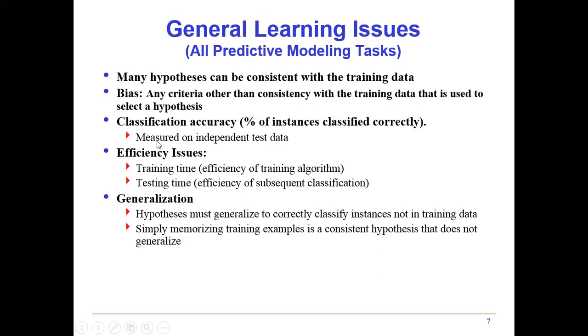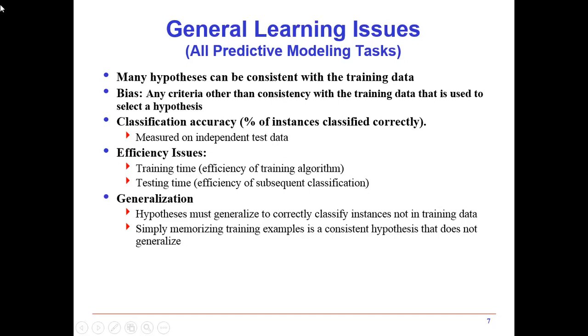So if you choose a hypothesis, you have to measure whether the function you have chosen is accurate or not. For that, you have to measure the classification accuracy. Classification accuracy is the percentage of instances classified correctly. It is measured on independent test data.